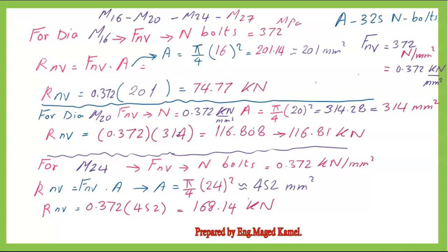Next, we will proceed to the third bolt, which is with the diameter of 24 millimeter, or M24. The area of M24 is equal to 452 millimeter square. Multiply 0.372 by 452. The nominal shear value for the M24 bolt is equal to 168.14 kilonewton.